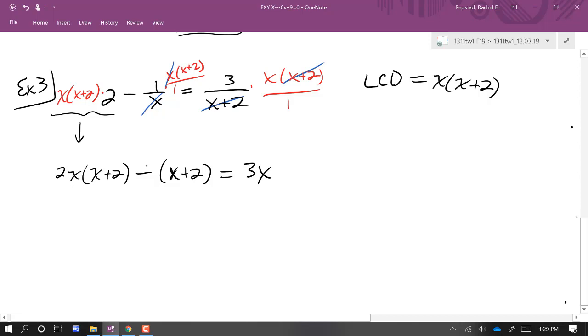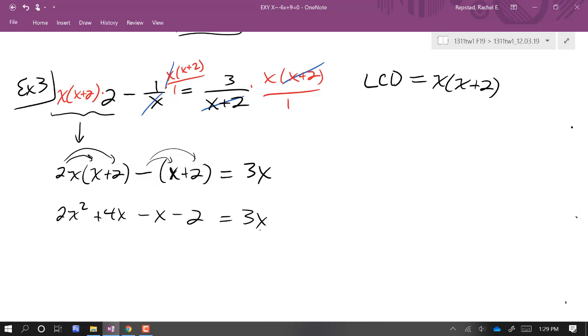And then I'll also distribute the negative through. Okay, so we get 2x squared plus 4x minus x minus 2 equals 3x. And now we see this wasn't a quadratic equation to start with, but solving it will boil down to solving this quadratic. So sometimes quadratic equations crop up in our efforts to solve other equations. I'll subtract 3x.